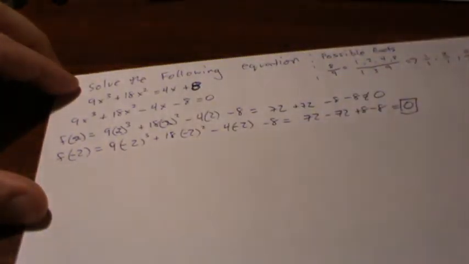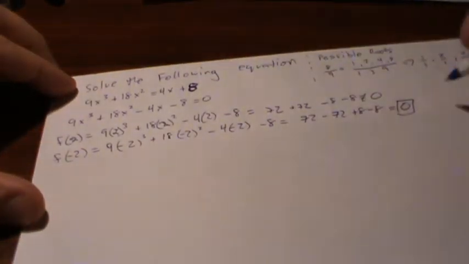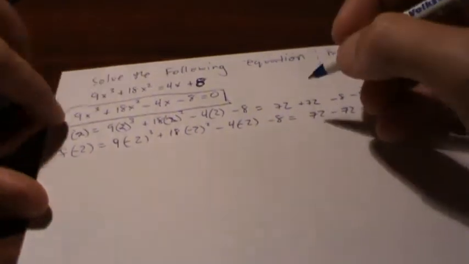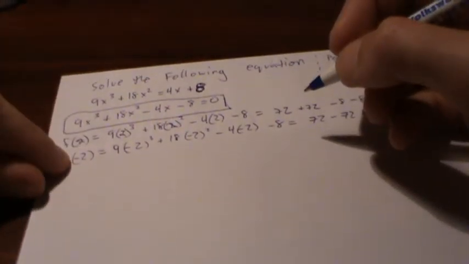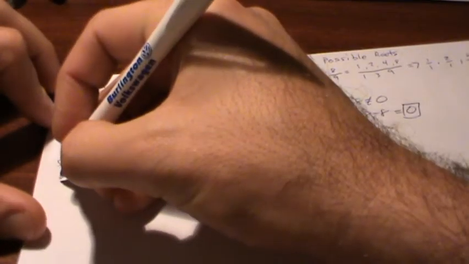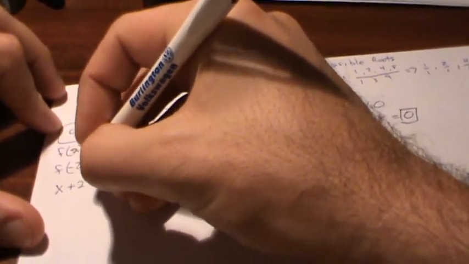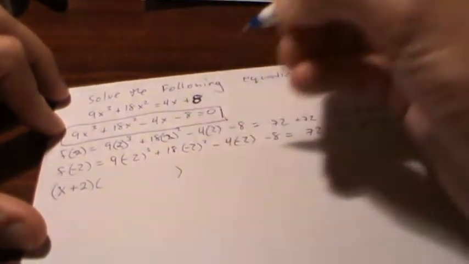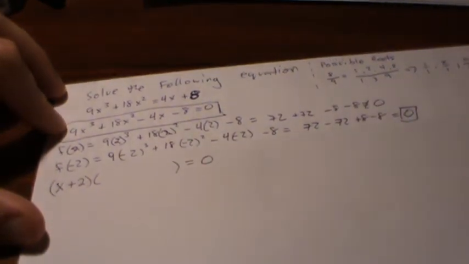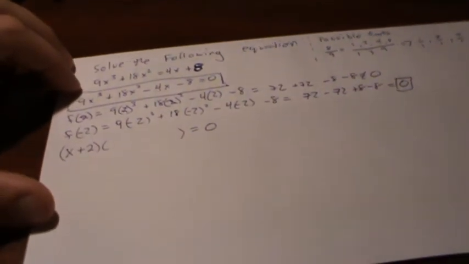Okay, so what that means is, since f of negative 2 is a root, that means x plus 2 is a factor of this. And don't forget to carry down the equals 0. Now that that's a factor, I can factor it out.